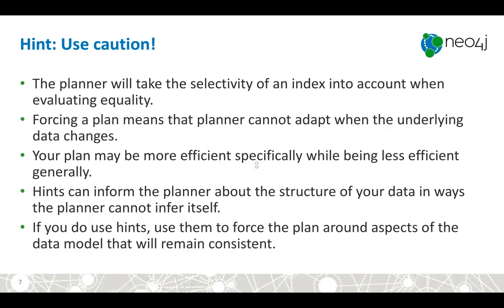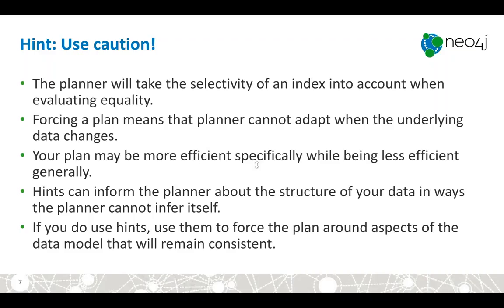So hints can inform the planner about the structure of your data in ways that the planner cannot infer itself. And so this goes back to, for example, age is less than 16 being something that it cannot infer. So if you're able to infer some of these things as resulting in a smaller search space, then it helps to inform the planner of such things.